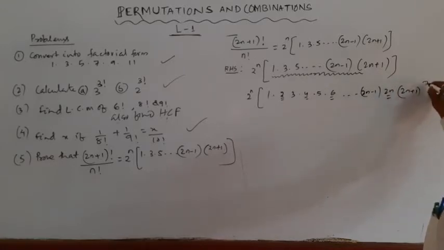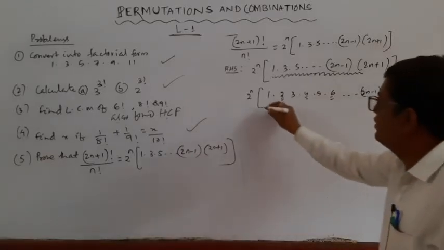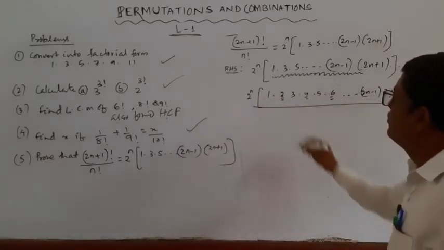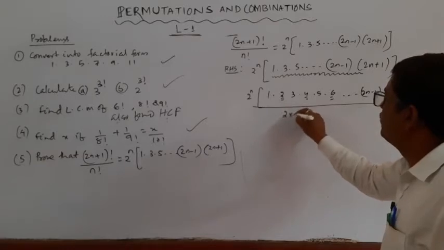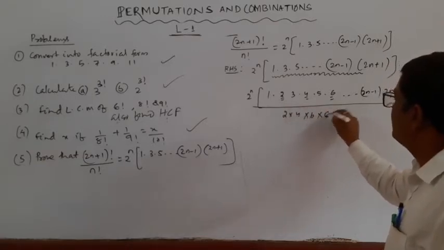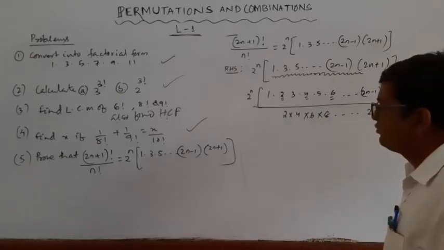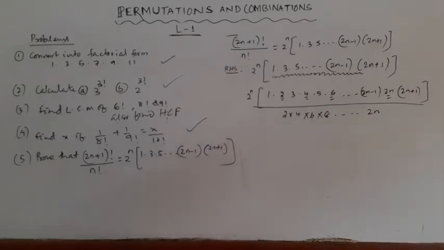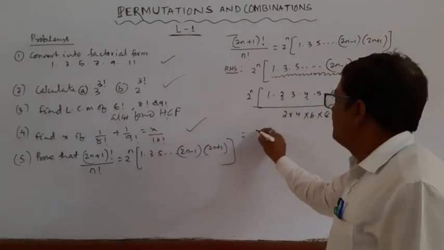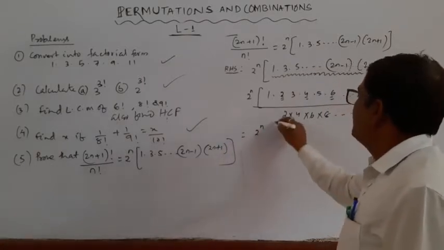The same thing is divided in the denominator, that is 2 into 4 into 6 into 8 dot up to 2n. Very interesting question.